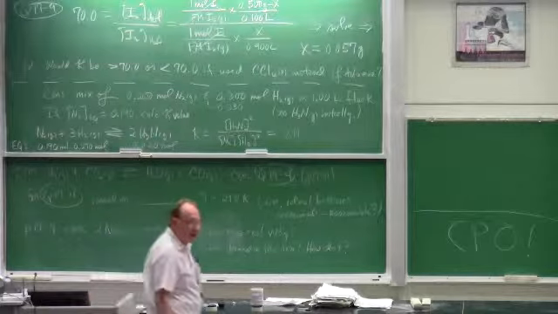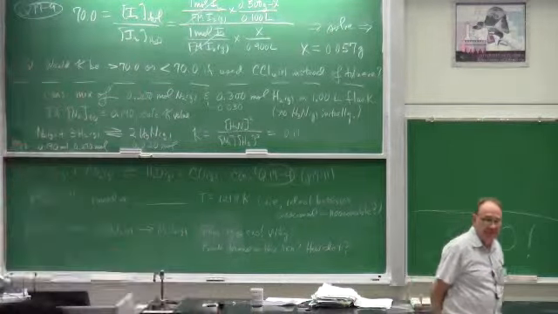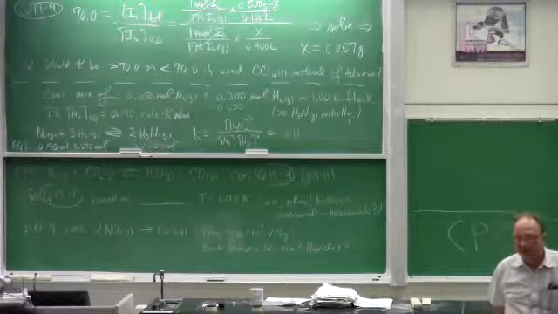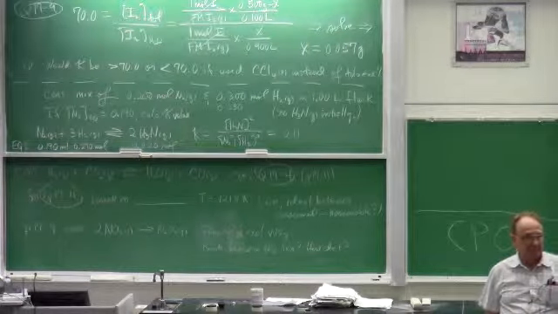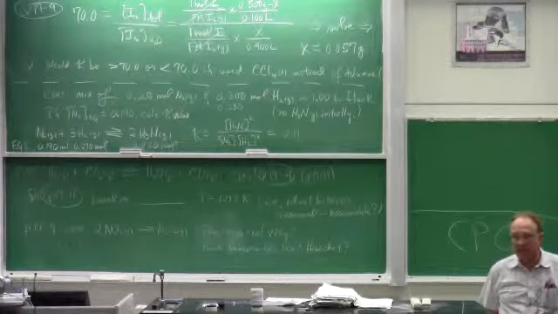Sure. Volume's now bigger than the liter, so all the concentrations change. And consequently, at the very instant at which I apply this change to that system, I will not change the value for the equilibrium constant, but I will destroy the equilibrium.